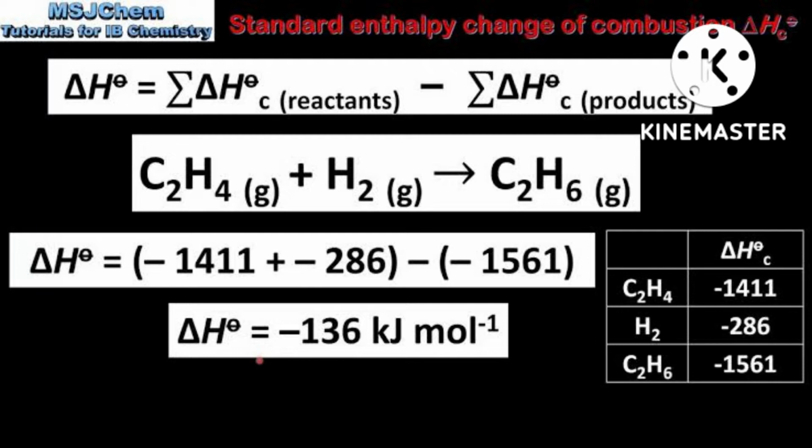Combustion means burning, and for burning oxygen is always required. That's why wood will burn, coal will burn, we require oxygen. Any fuel, petrol, diesel, kerosene, requires oxygen for burning.